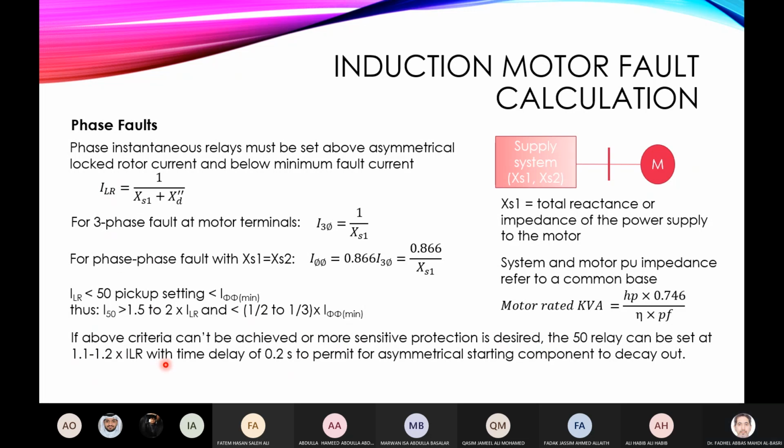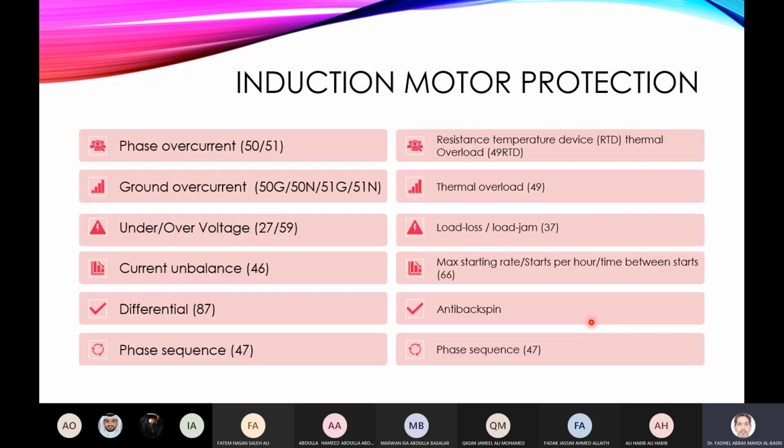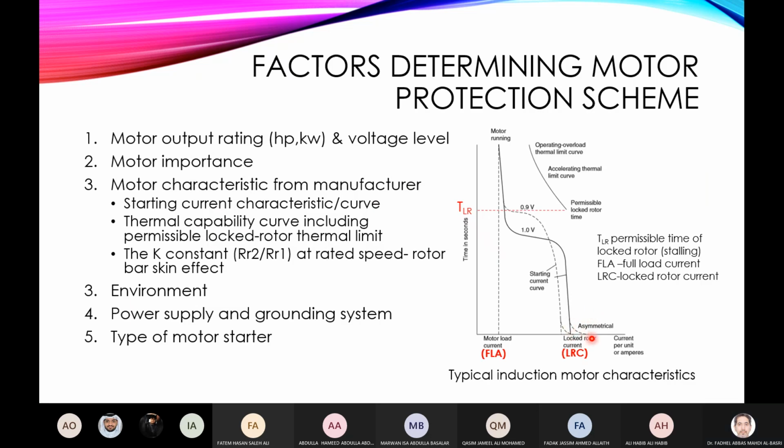Because I have asymmetric current, which decays very quickly, I can set my instantaneous setting but delay it for a few cycles. Normally 10 cycles is enough, which is 0.2 seconds, until this decays.